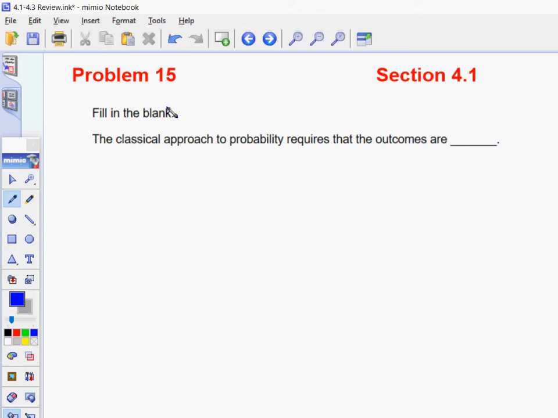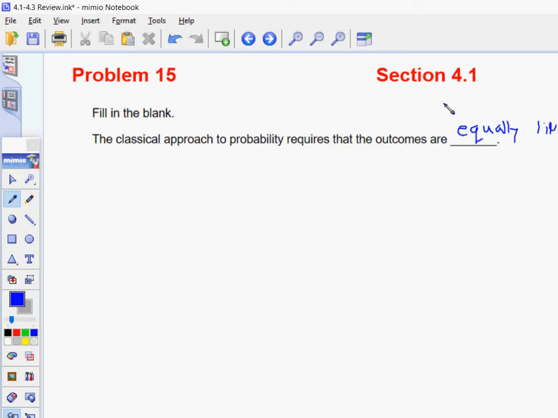Another approach to probability is a subjective approach. I just use the information that I have already up in my brain, the experiences that I've had in life, and I just kind of eyeball things and estimate. Hey, I think that probably will happen. The classical approach to probability requires that the outcomes are equally likely.